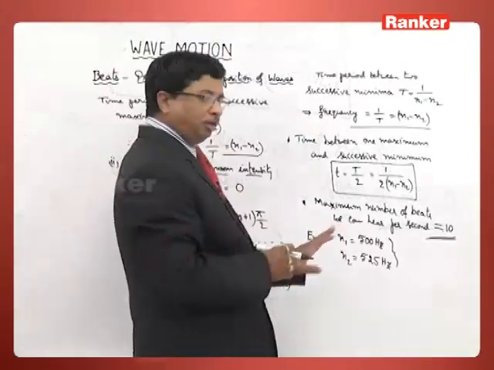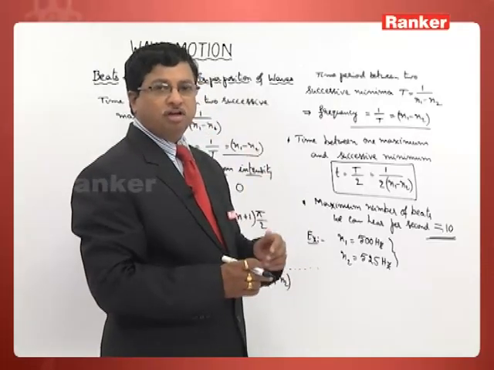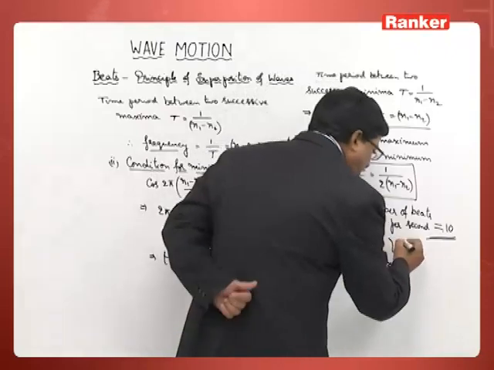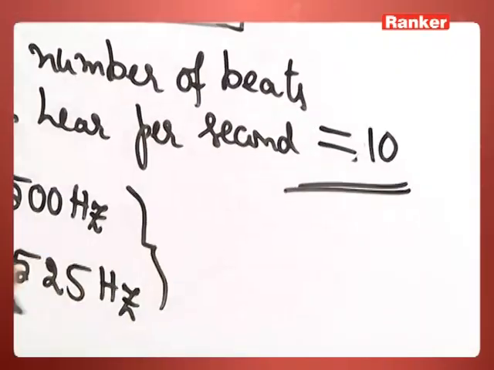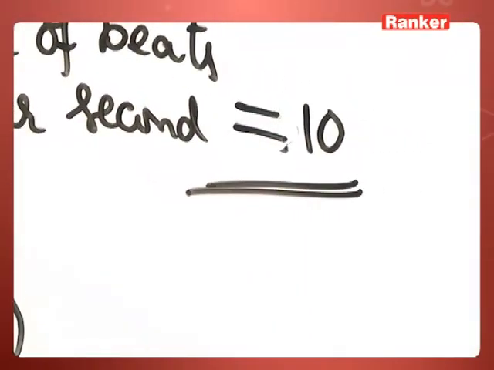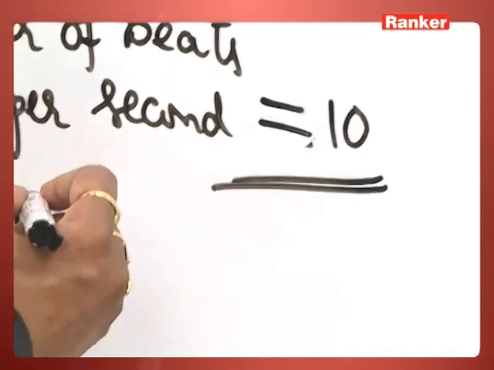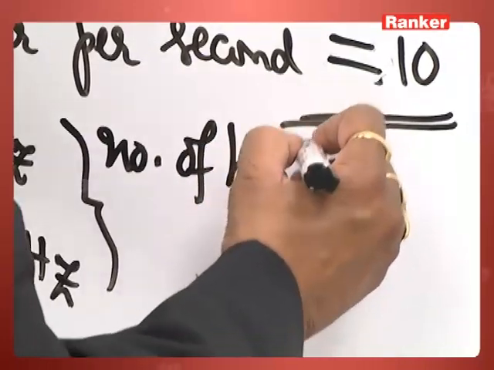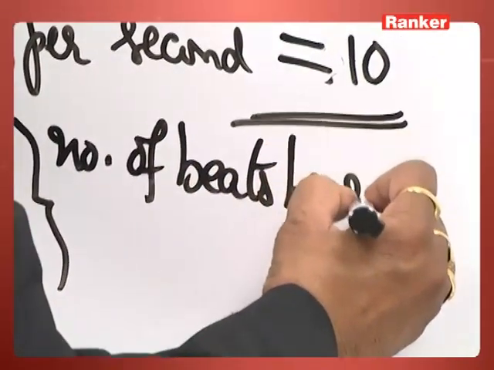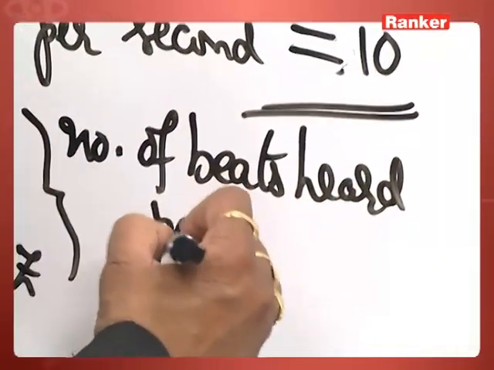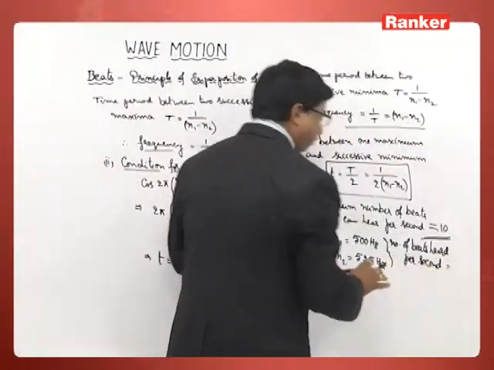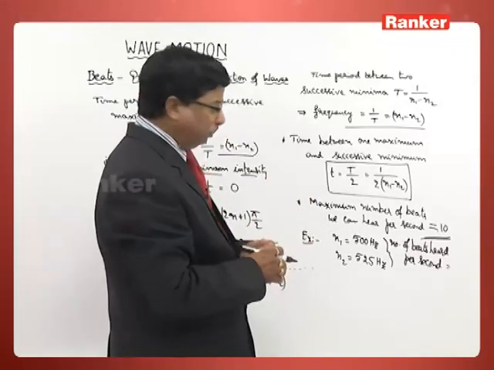Now, there are two different questions they can ask. Generally, the very first question is, how many beats can we hear per second? They can ask how many we can hear in 1 second.